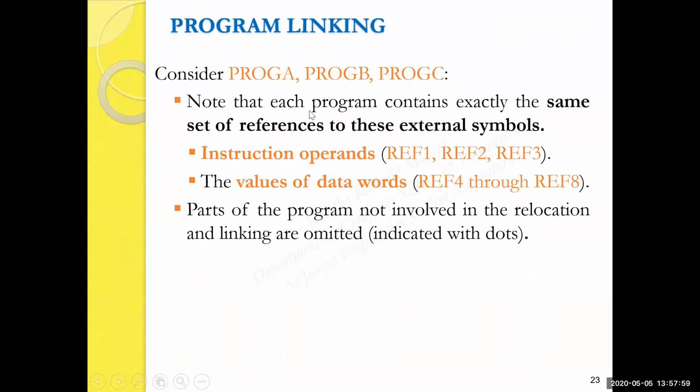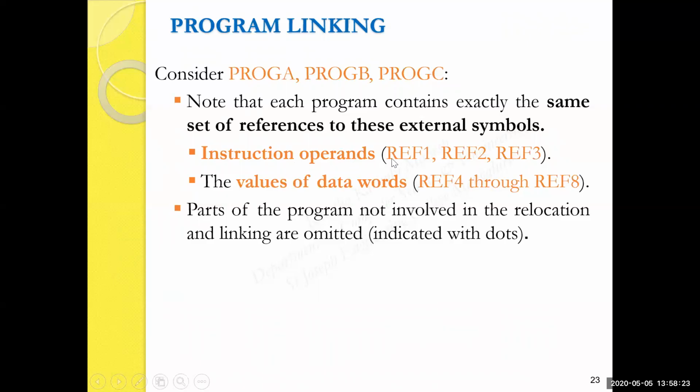Further, you may also notice that each program contains exactly the same set of references to the external symbols representing the labels list A, list B, list C, NA, NB, and NC. Some of these references appear as instruction operands, while others appear as values of data words.